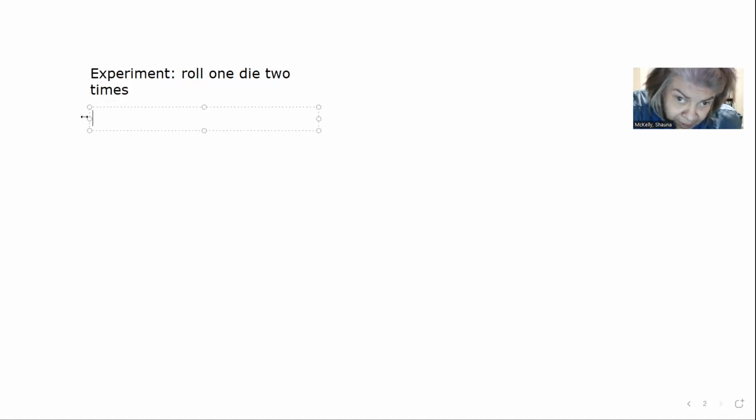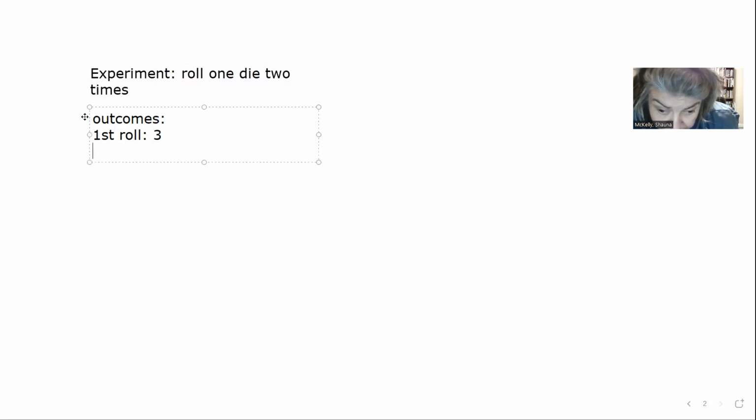The outcomes that I got were as follows: first roll, I rolled a 3. Second roll, I rolled a 6. These are my outcomes. Those are not the only outcomes possible.